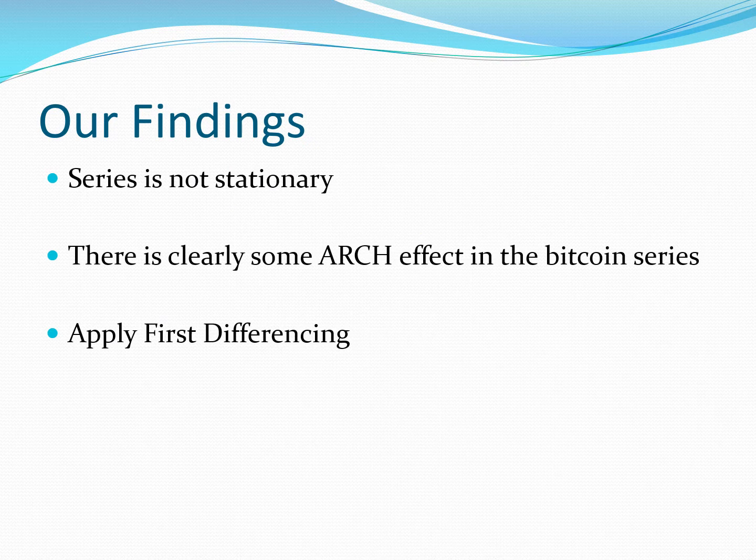So our findings till now are that the series is definitely not stationary, and that there is clearly some ARCH effect in the Bitcoin series. So we then decided that we would apply first order differencing.